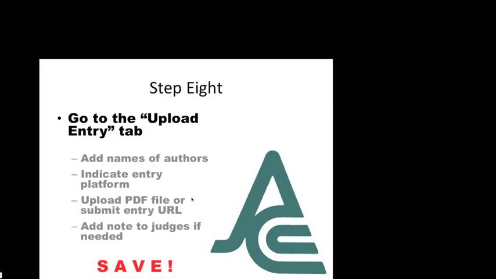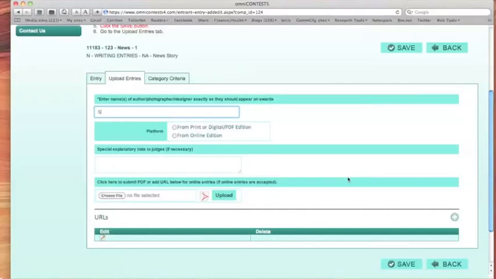Step 8 is go to the Upload Entry tab after you have saved your entry. You'll see a number of fields here. The first one will be to add the name or names of the authors of the entry. Please enter the names exactly as they should appear on any awards that you might win from this entry. Please do not type in all capital letters or all lowercase letters.